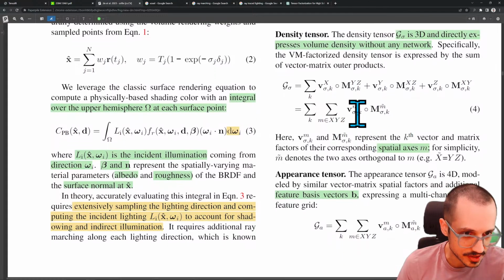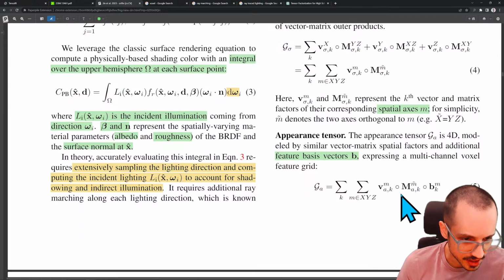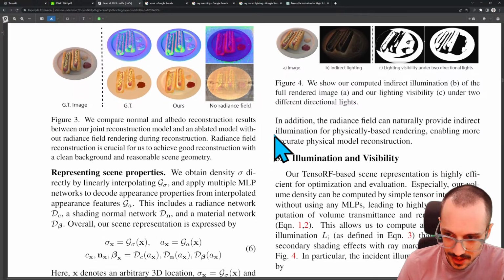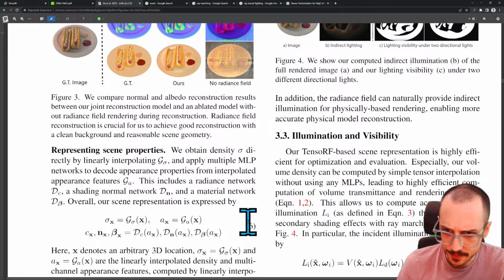It's literally just the V times the M, the outer product of V and M. But here, you have the same outer product, but you have an additional outer product, which is going to be a feature grid. And this is probably where they're going to do their lighting. I'm guessing this is where they're going to sneak in their 5th dimension, which they were talking about earlier in the paper.